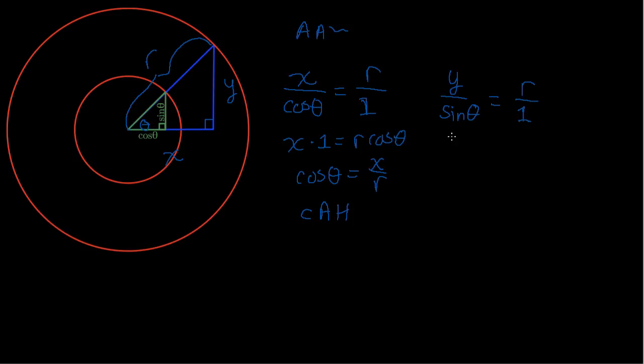Again, solving for sine theta, y times 1 equals sine theta times r, and we get sine theta equals y over r. Sine, looking at our diagram, is opposite over hypotenuse. Tangent is opposite over adjacent because we know that tangent is sine over cosine.